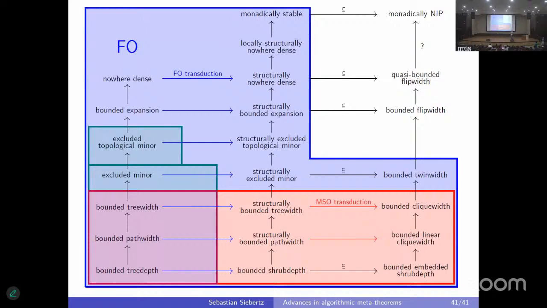Therefore, monadic stability and monadic dependence are really defined to capture first-order logic, and we work with combinatorial definitions.